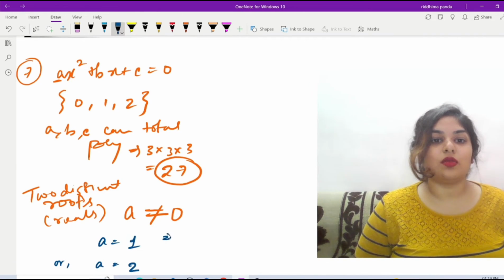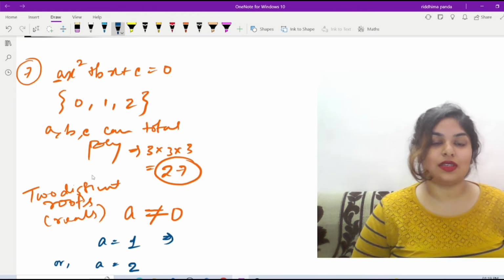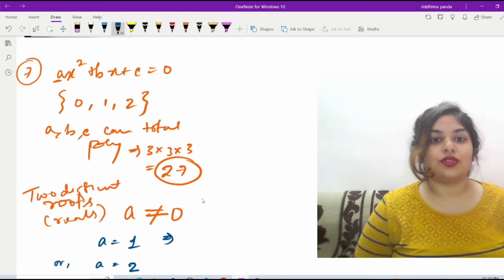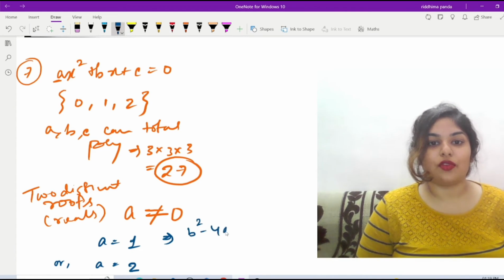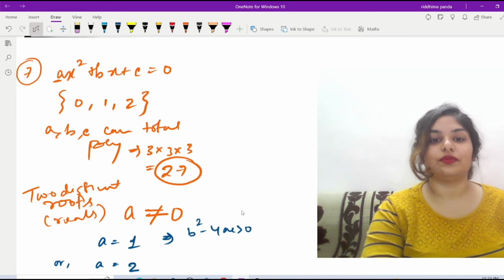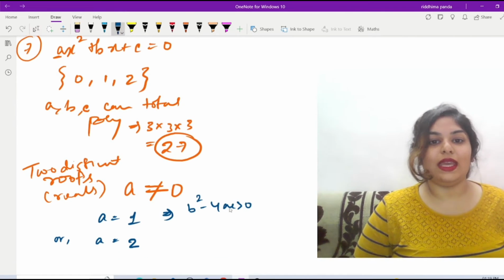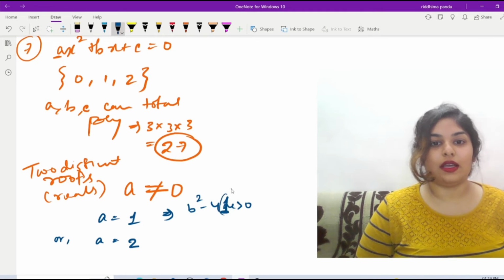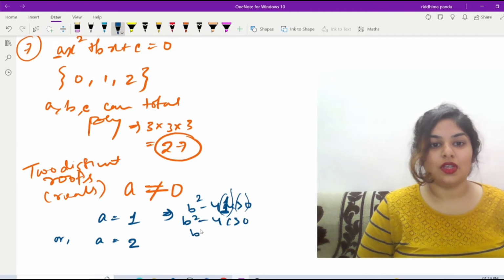Now if a is equal to 1, for the two roots to be distinct and real, we should have b square minus 4ac greater than 0. Correct? Now a here is 1, so let us put it here as 1 into c. So that is b square minus 4c greater than 0. So b square greater than 4c.